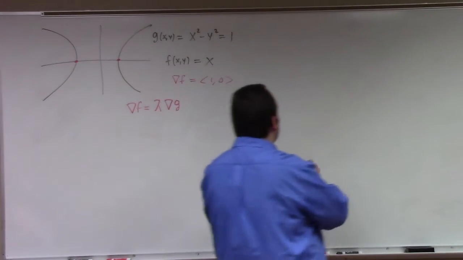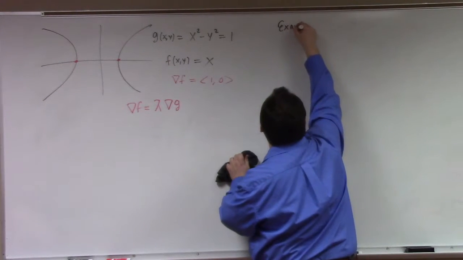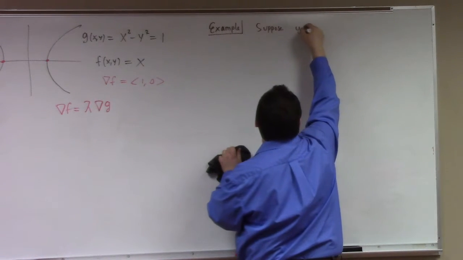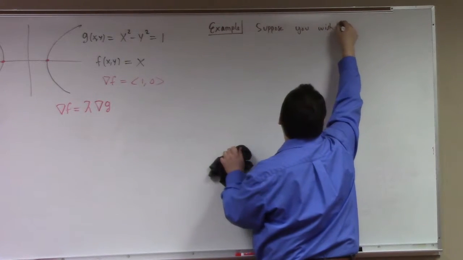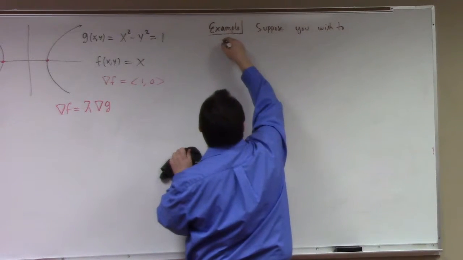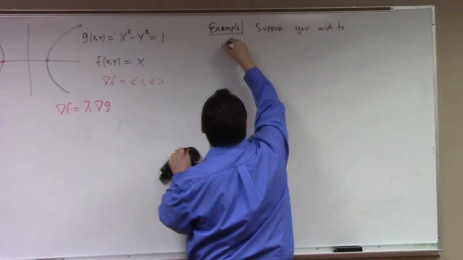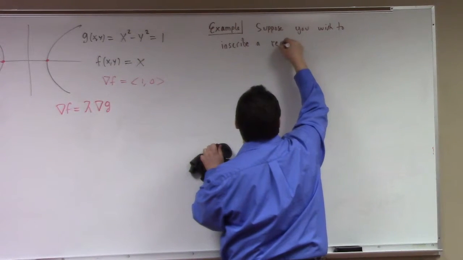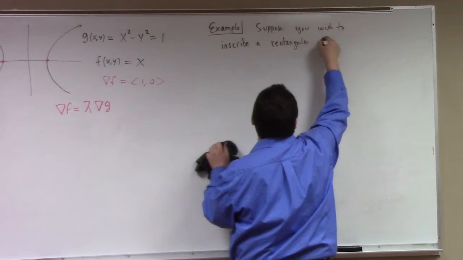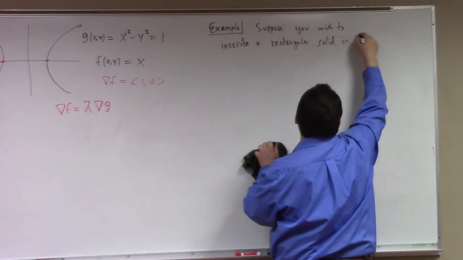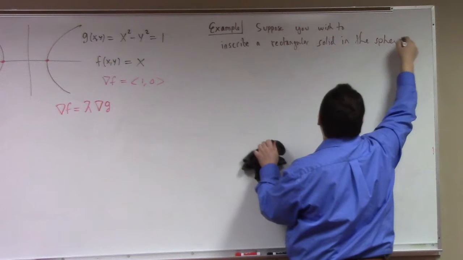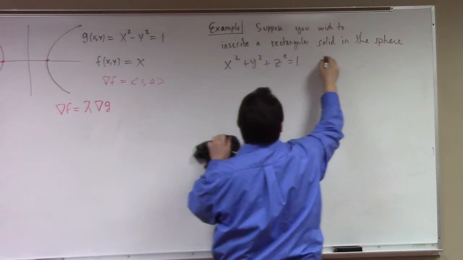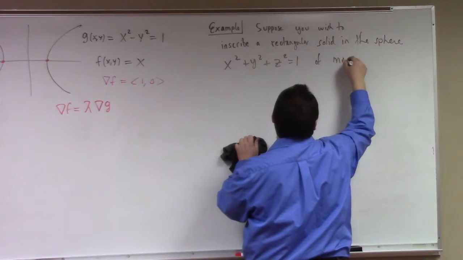Let's look at a more interesting problem. How about this? Suppose you wish to inscribe a rectangular solid in the sphere x squared plus y squared plus z squared equals 1 of maximum volume.